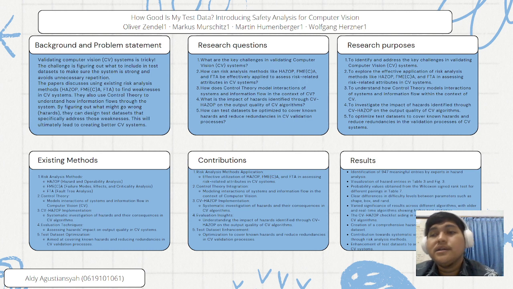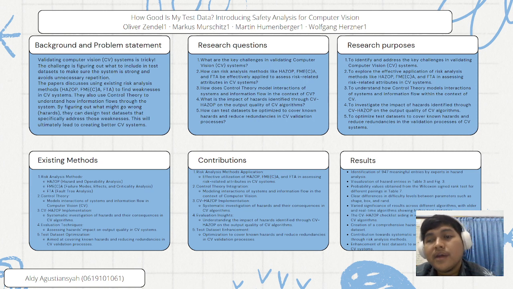To identify and address the key challenges in validating computer vision. Second is to explore the effective application of risk analysis methods like HAZOP, FMEA, CA, and FTA in assessing risk-related attributes in computer vision systems.